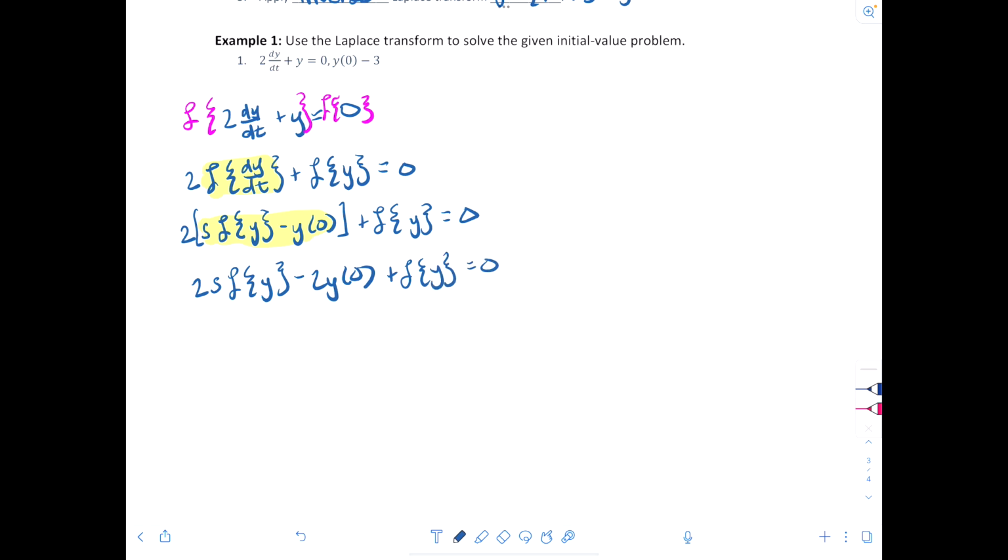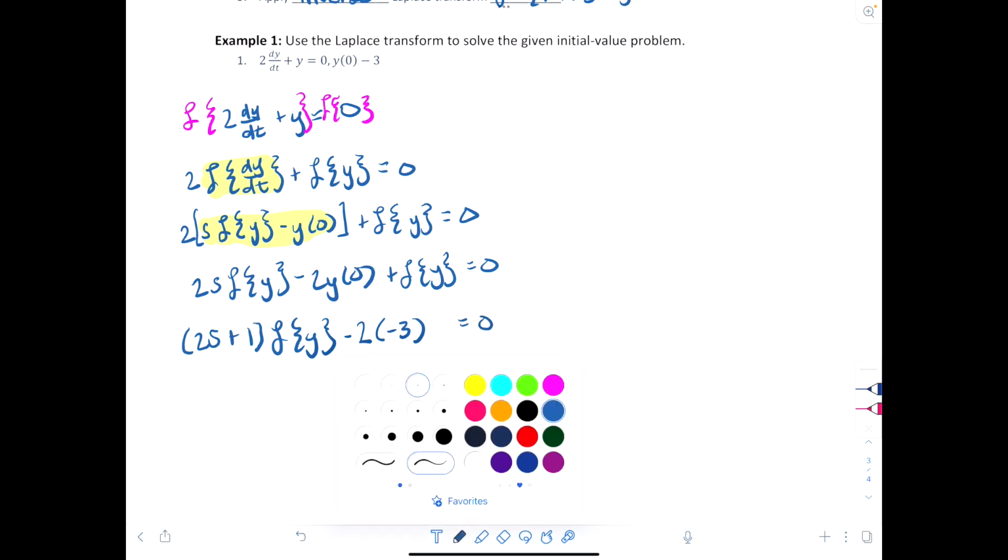is equal to 0. I'm going to factor out an L at y on the right, and then I'll be left with 2 times s plus 1, and then minus 2, y at 0 is negative 3 from the given initial conditions, and that's going to all equal to 0.